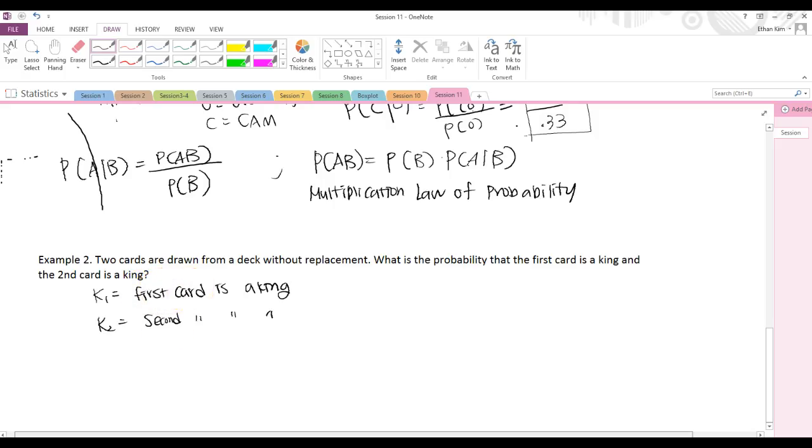So the probability that the first card is a king and the second card is a king is the probability of K1, K2. Using this formula here, we can see that this is probability of K2 times probability of K1 given K2.